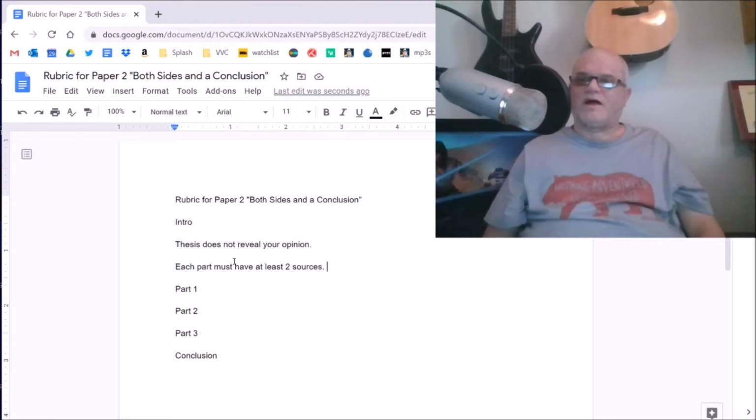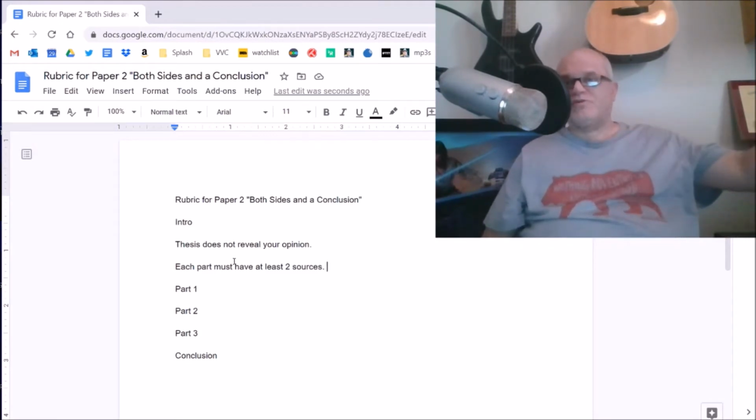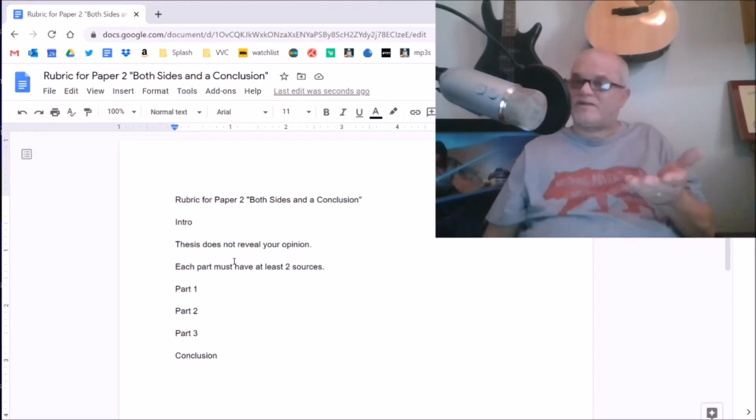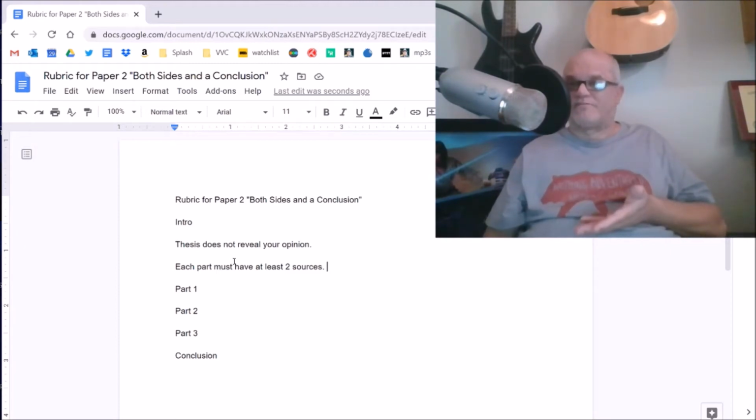Now this could be like people who don't believe sewers should go into the ocean. They think something else should happen to the sewers. That means you're going to have to find sources on both sides. A source that shows why that's a good idea or the best idea we have, and then a source that says another option is the best we have. Get it?